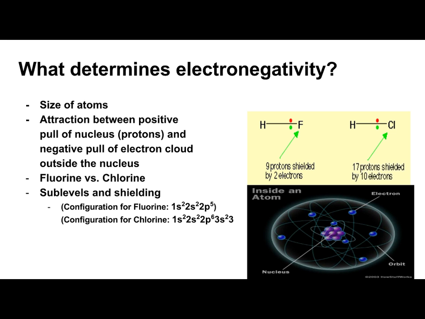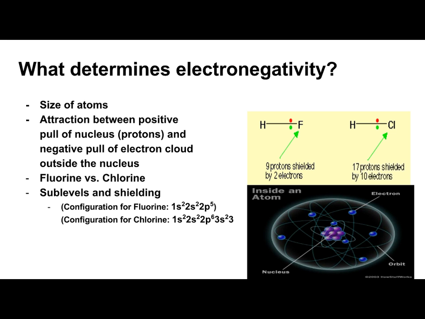So why is fluorine the most electronegative as opposed to chlorine, which is in the same group? Well, fluorine only has one sublevel that's shielding its protons from the electrons.